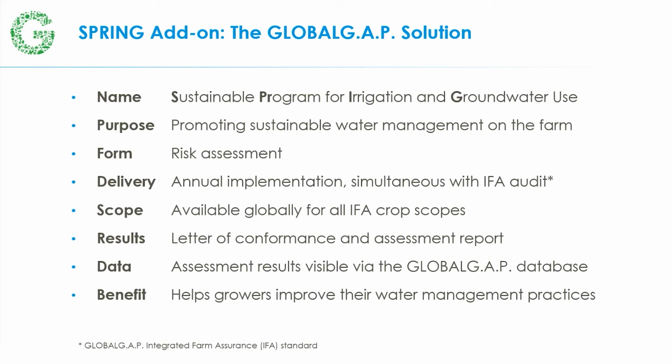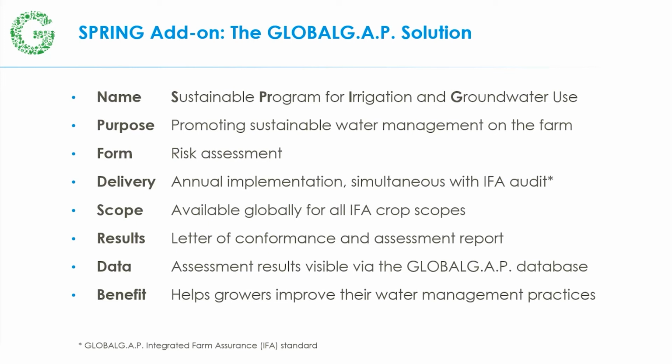There is different information that is available for the public, for example, if the producer is approved or not, and information that is only available for GLOBALG.A.P. members that are market participants, that in most situations are the retailers who are asking for SPRING. This information is the report of the assessment, with all the results and all the comments that the auditor made during the assessment.